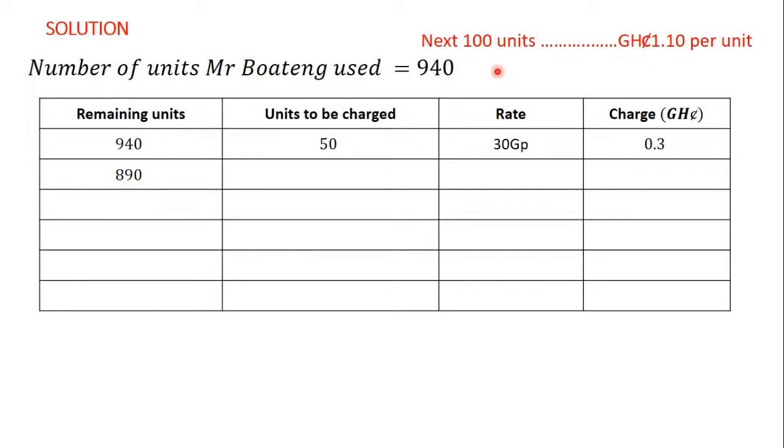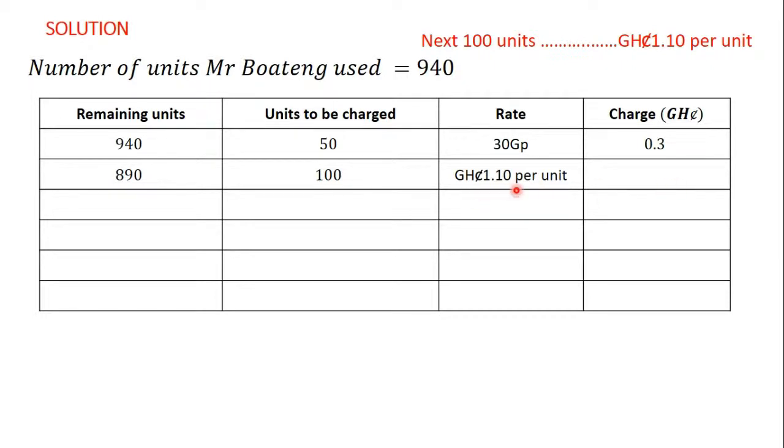From the table in the question, the next group is the next 100 units, and the rate is 1 Ghana cedi 10 pesos per unit. It means that the units to be charged is 100, and the rate is 1 Ghana cedi 10 pesos per unit. So if Mr. Boateng pays 1 Ghana cedi 10 pesos per unit, and we have 100 units, then the charge is 1 Ghana cedi 10 pesos times 100.